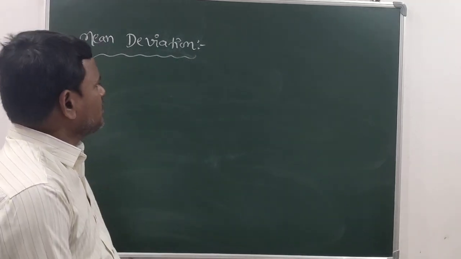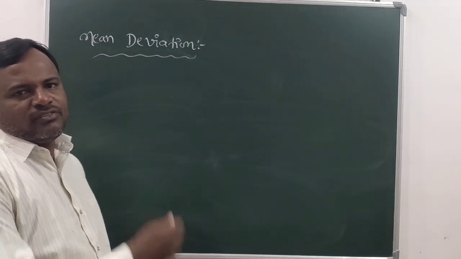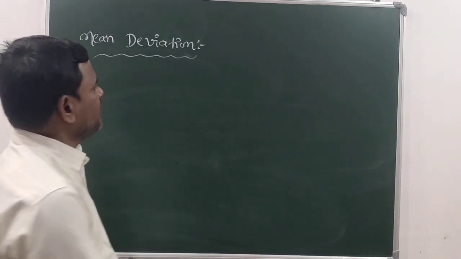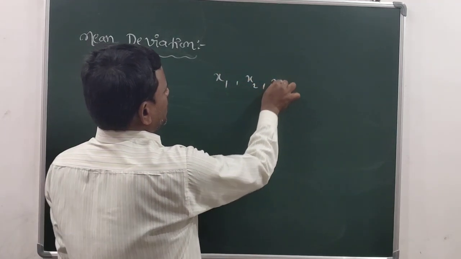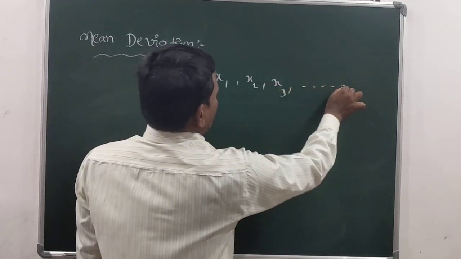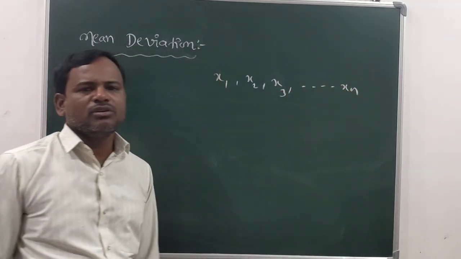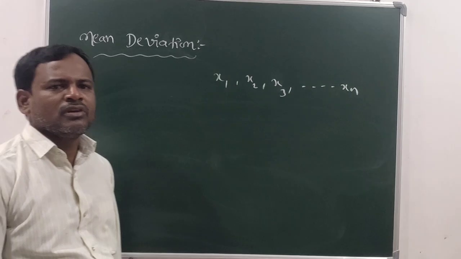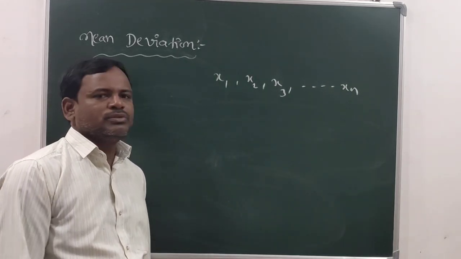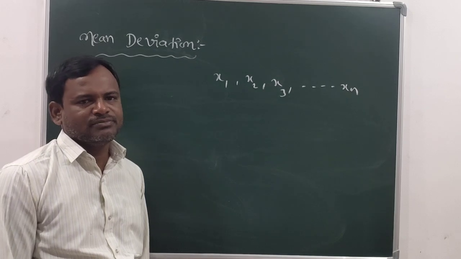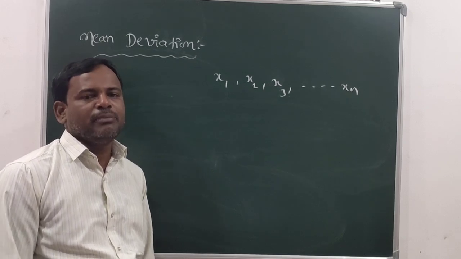Now there is one ungrouped data given like this: x1, x2, x3 and so on xn, and find its mean deviation from the mean.